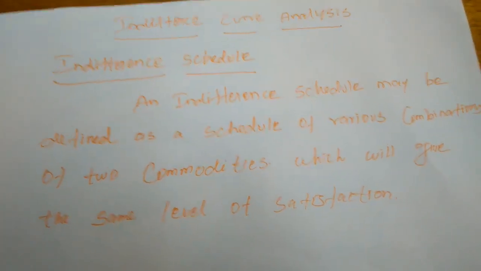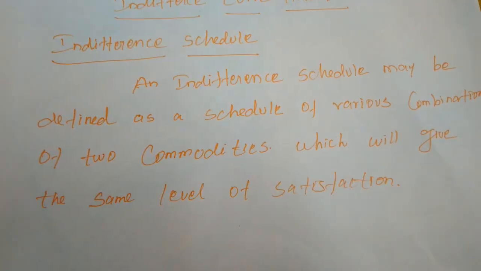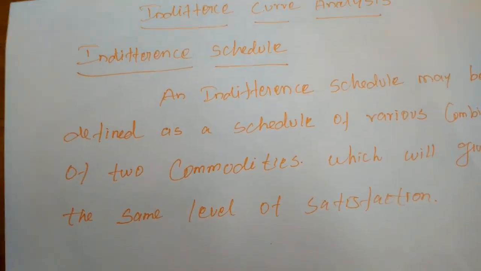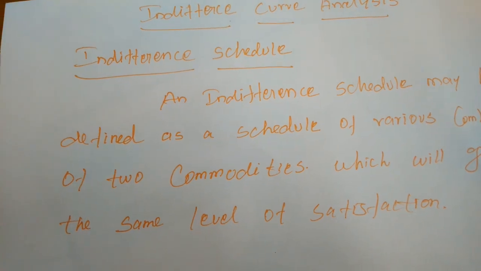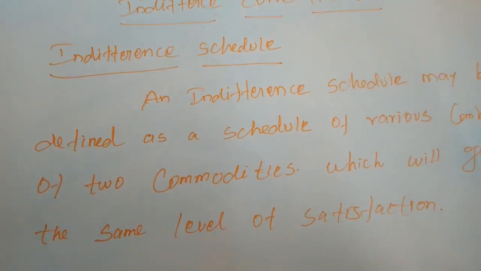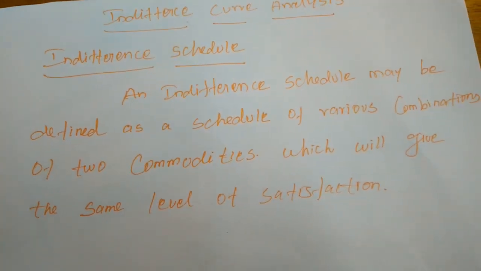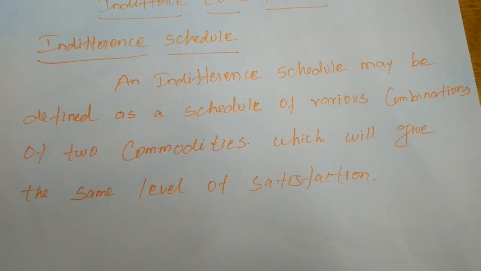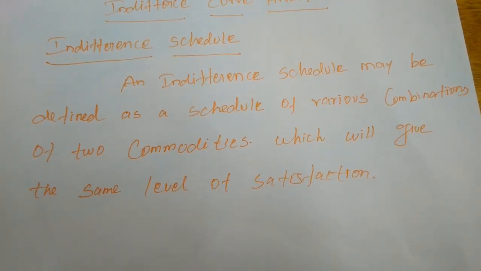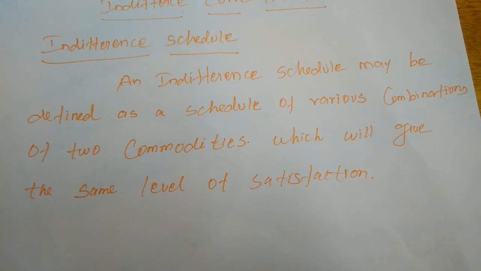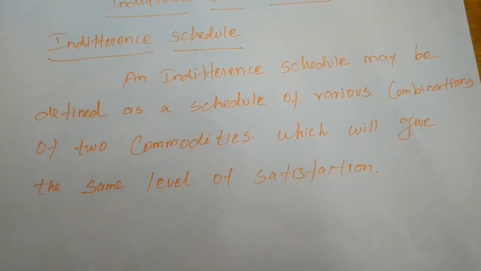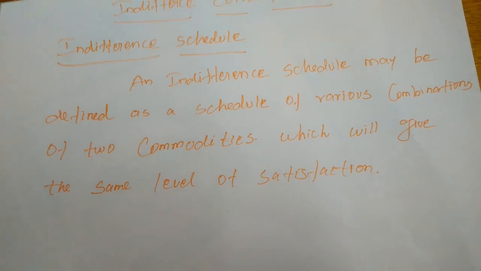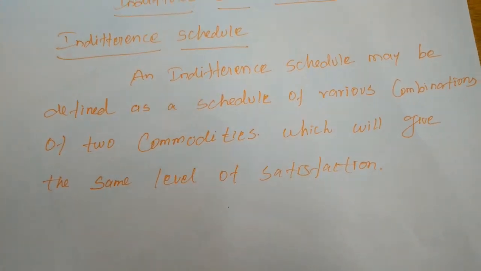Next, the indifference schedule. An indifference schedule may be defined as a schedule of various combinations of two commodities which give the same level of satisfaction. When we purchase or consume two commodities in any combination, all the combinations give the same satisfaction.